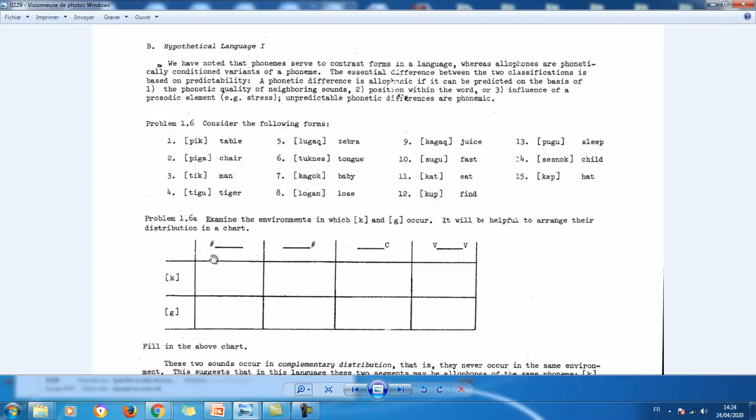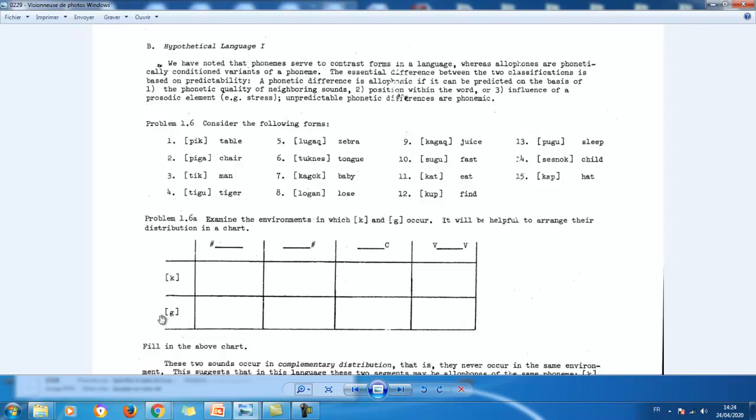No. Is g in the initial position in these words? Same thing. No. So what do we notice here? G occurs only in this context, in this phonetic environment between two vowels. But k is found in other contexts. It's found here, here, and here. So what does this mean? The contexts, the phonetic environments where k can be found, we don't find g.